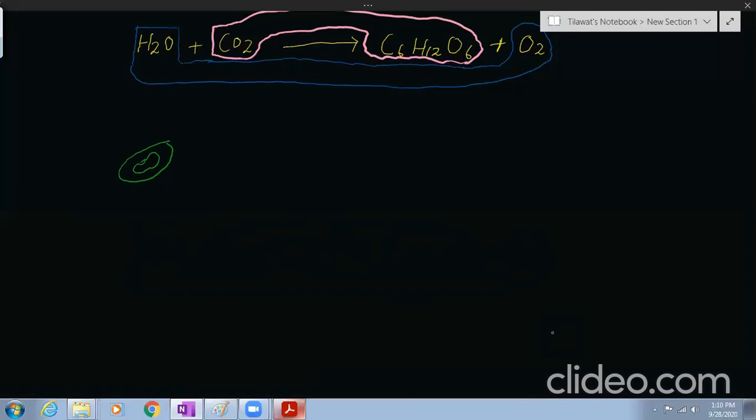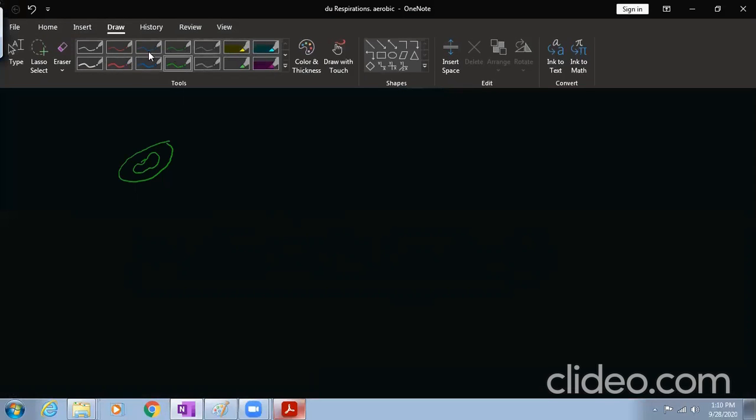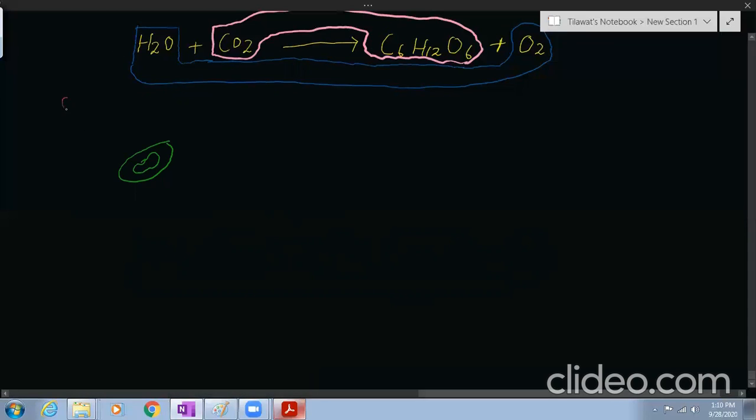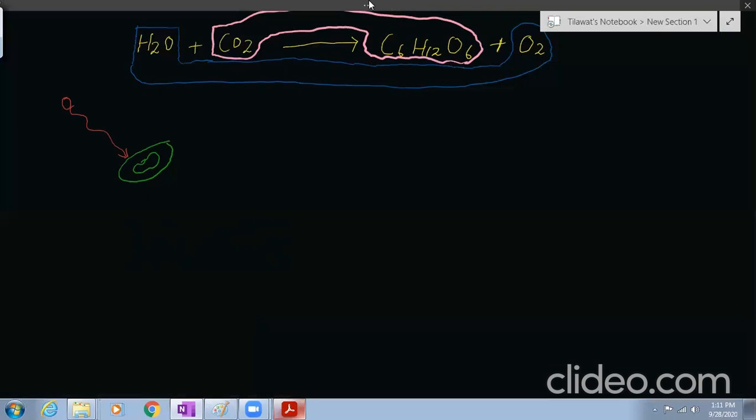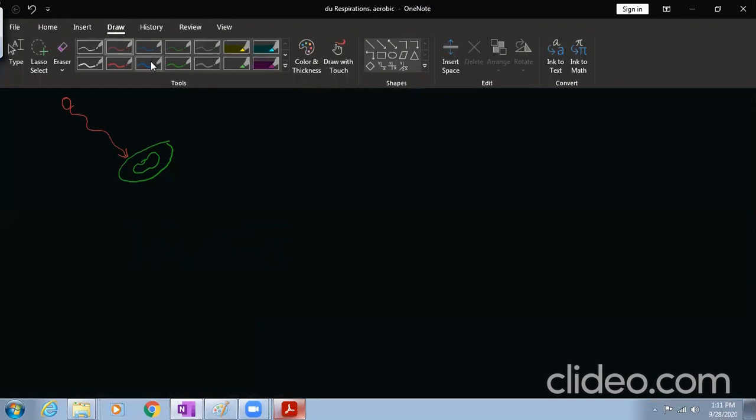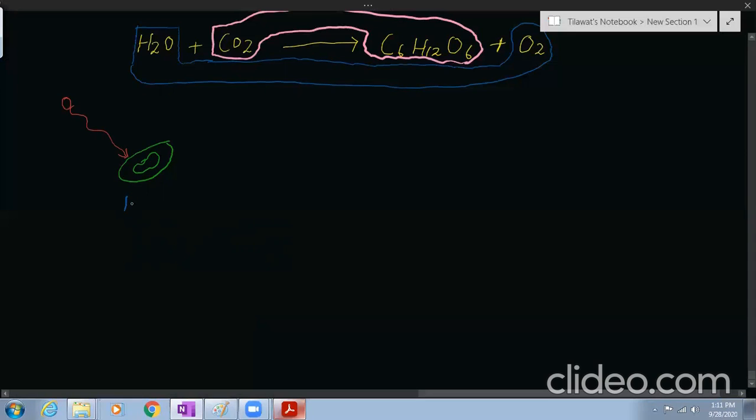He illuminated the chloroplast in the presence of light, in the presence of water, plus an electron acceptor. At that time, he used iron as the electron acceptor.